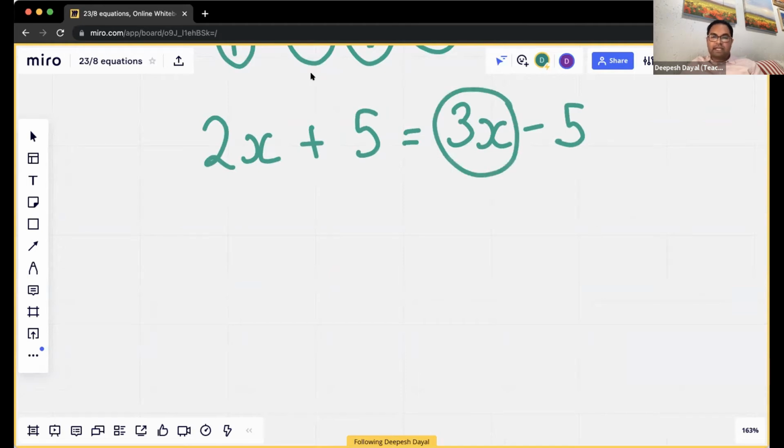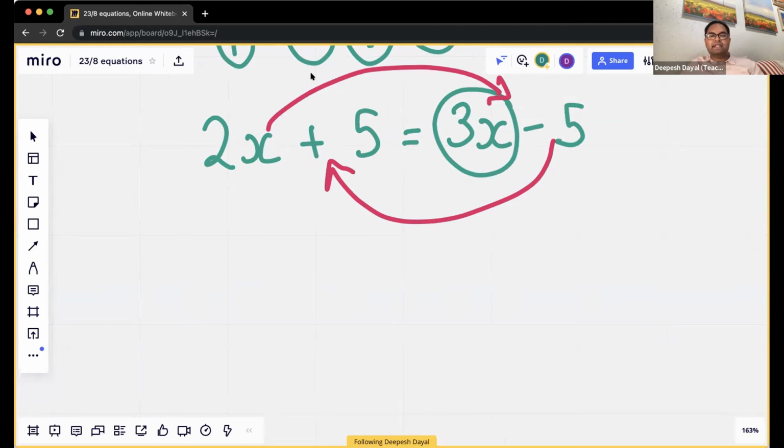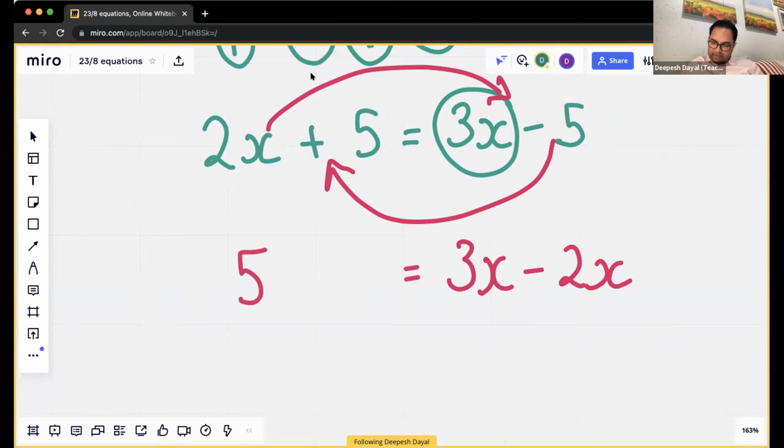So we're going to take everything to the right-hand side. So we take the 2x over there, and then the 5 there. So it's going to be 3x minus 2x. You can do it the other way as well, but I think this one's easier. And then it's 5, and because you've got minus 5, it becomes plus 5.